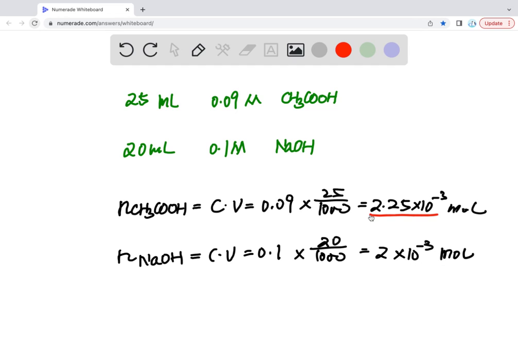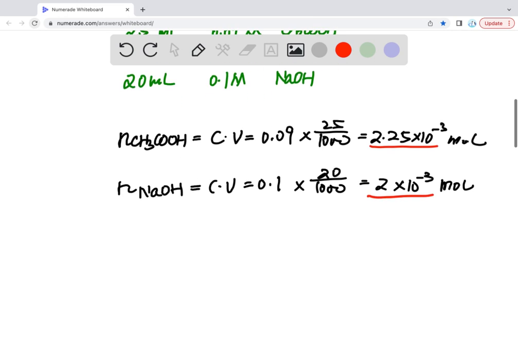And looking at this, you'll find that after the titration, there's still some acid left. If we write down the equation, sodium hydroxide reacts with acetic acid, and the reaction ratio is 1 to 1.